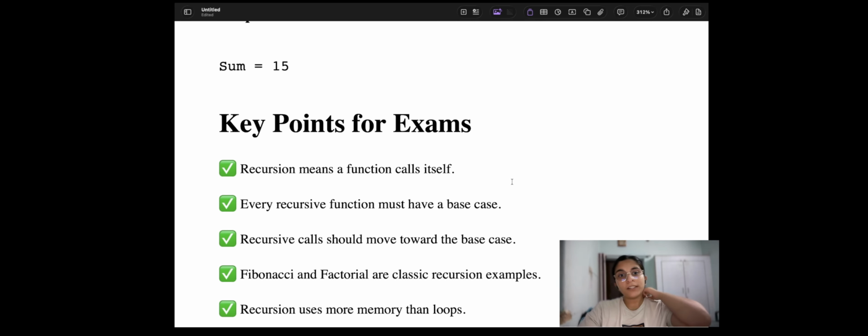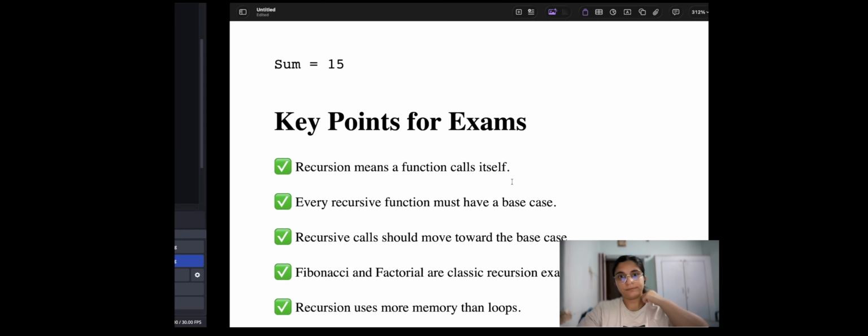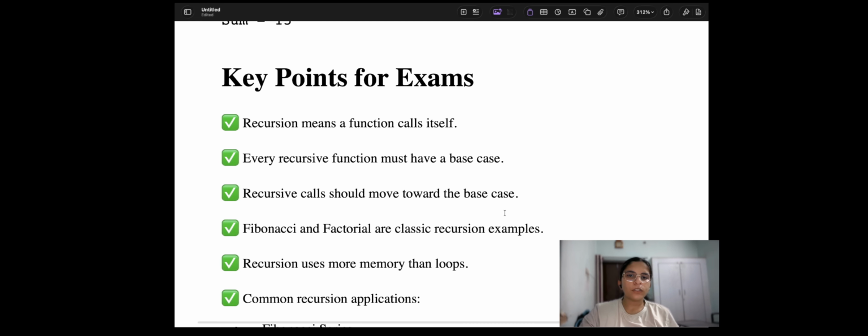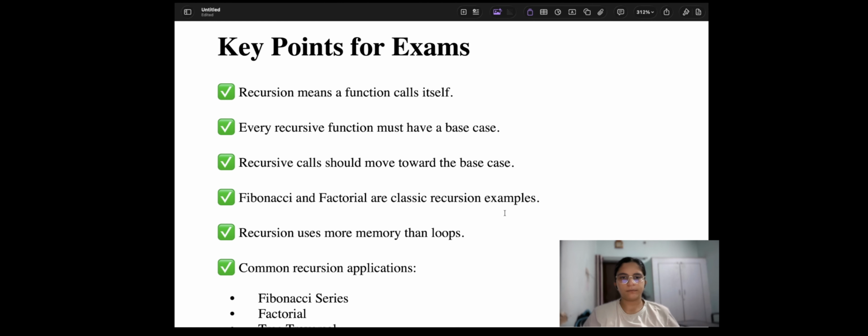Key points for exam. Recursion means a function calls itself. What is recursion? Actually, recursion means a function calls itself. Every recursive function must have a base case.